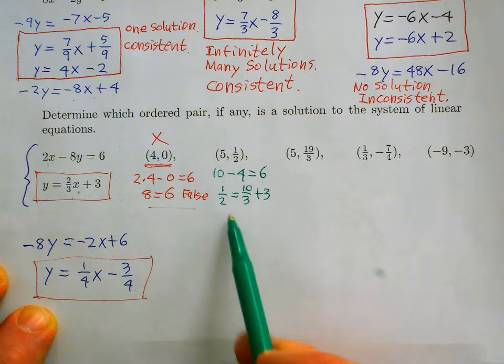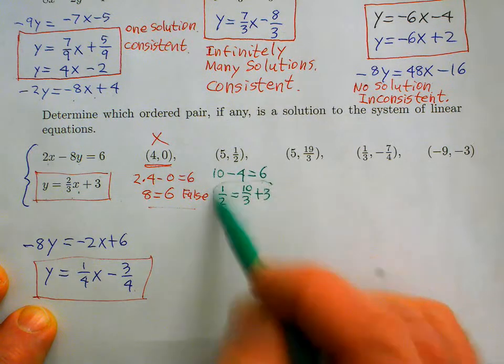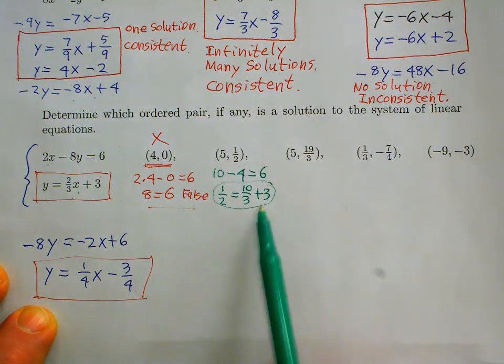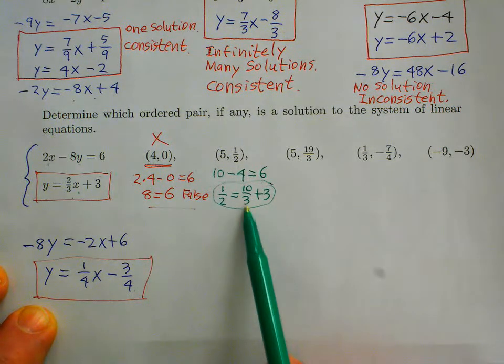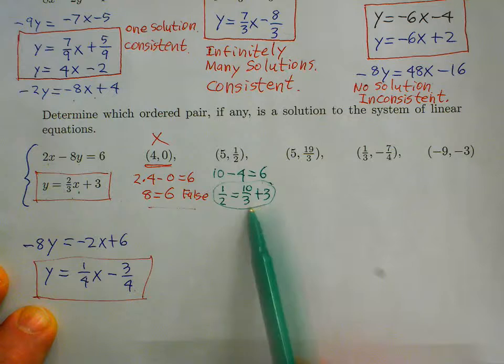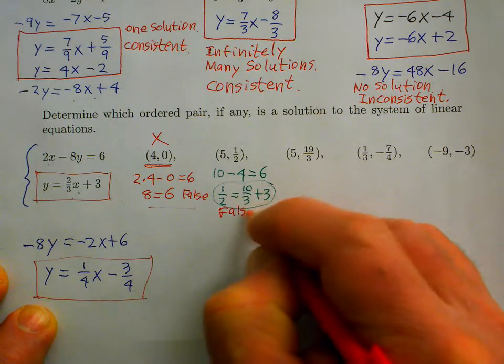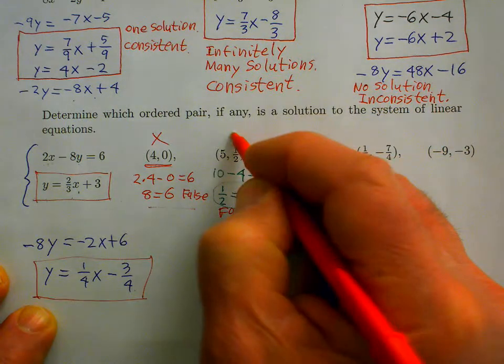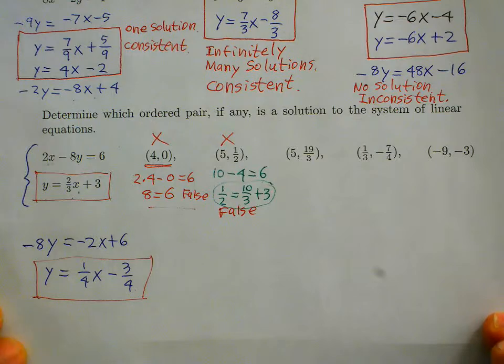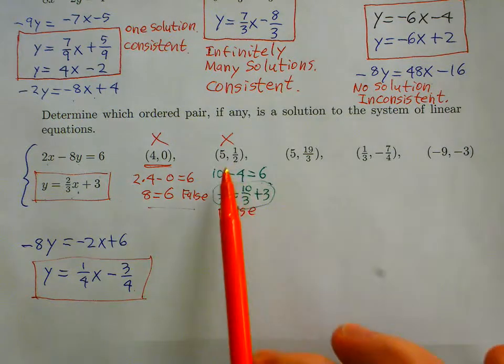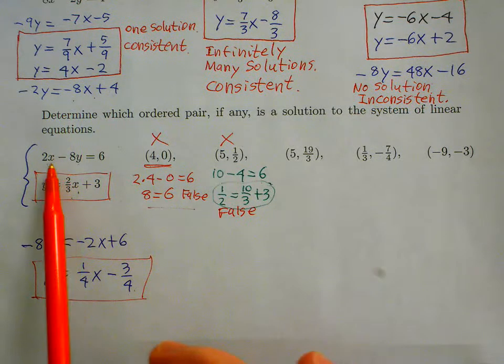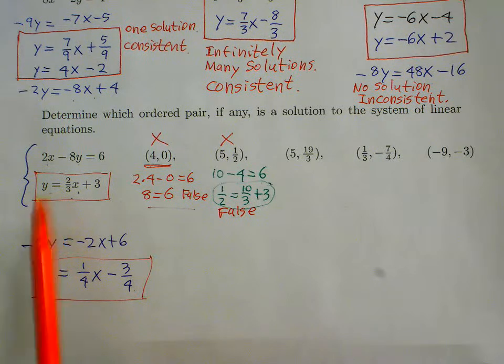Well, it's pretty obvious that this bottom equation is false, because on the right-hand side, we're adding two numbers, both of which are bigger than 1/2. So this is false in the second equation. So the ordered pair 5, 1/2 is a point on the top line, but it's not a point on the bottom line, so it can't be a solution.